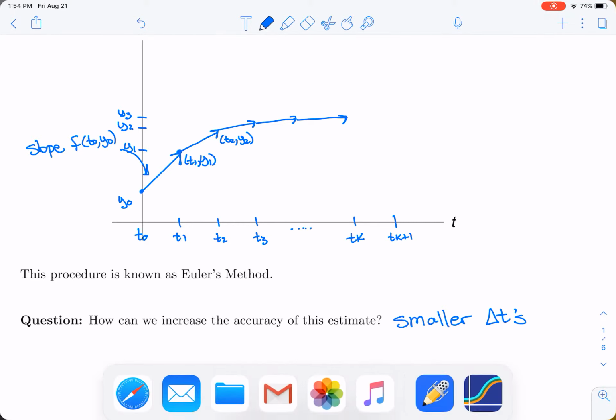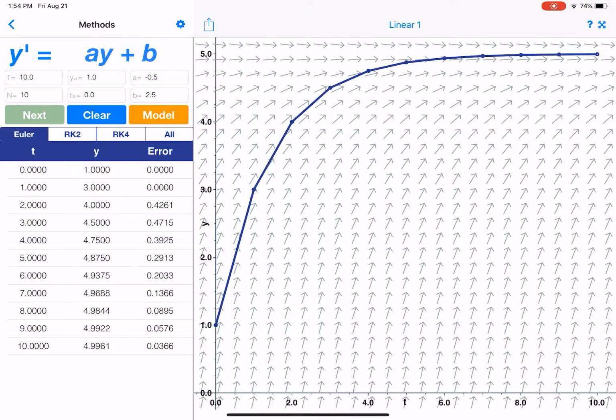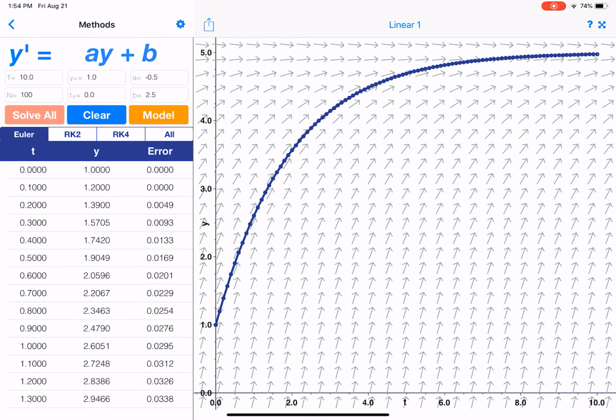If I go back to my estimate here, and you can see that this is my estimation of the solution to the differential equation, instead of using a delta t of 1, which in this case was 10 segments, if I use 100 segments, which gives me a delta t of 0.1, then I can estimate the solution to the differential equation, and now it looks a little bit more like the curve that I saw when we were first looking at the slope field for this differential equation.